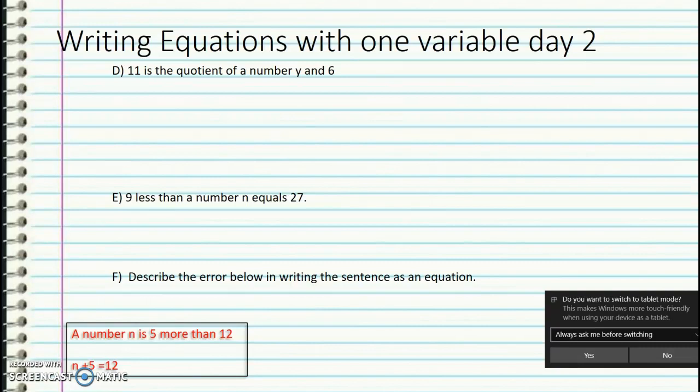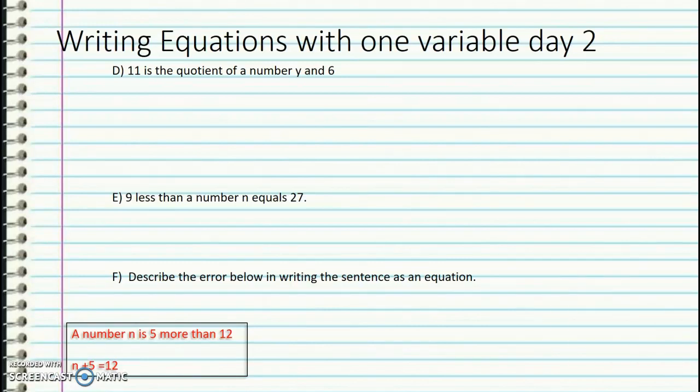Pause it, have the kids write all of them down. When everybody has all of it down in their notebook, then you can go ahead and start solving them together. So don't try to solve them, or don't try to write out the answers yet. I just want you to copy down what this is, and then we'll go over the answers together so we make sure we have them. So pause the video, and then when everyone's ready, you can put it back on and we'll go through the answers.